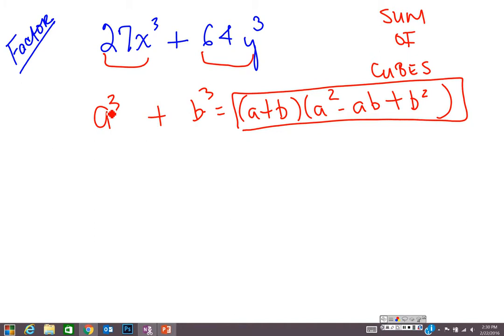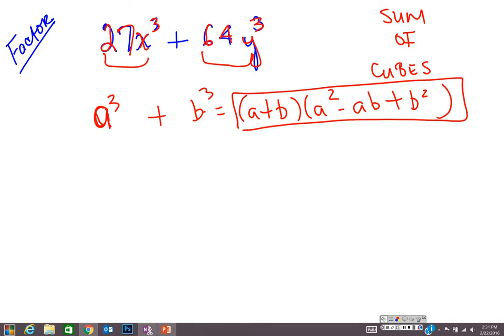Now to find the a, we have to find the cube root of both terms. 27x cubed, if you find the cube root of that, you would get 3x. To find the cube root of 64y cubed, you would get 4y.